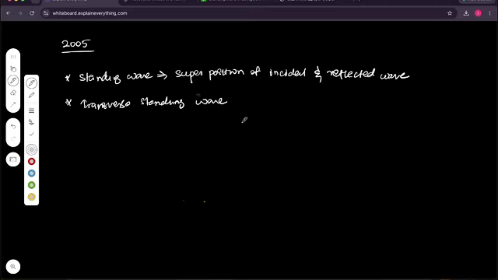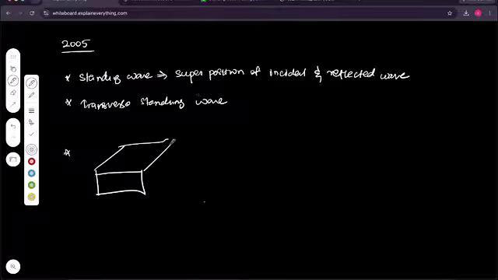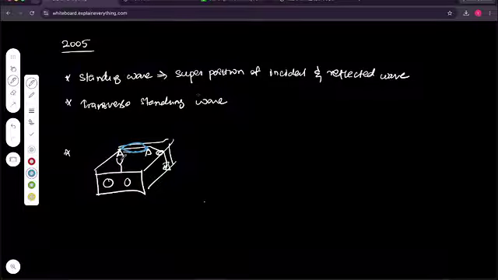Usually what do we have? We would have this sonometer, then a tuning fork, then the sonometer wire and a weight. This sonometer wire will vibrate with fundamental frequency, and you have the tuning fork. What does the tuning fork do? When it vibrates, it's going to resonate this wire.